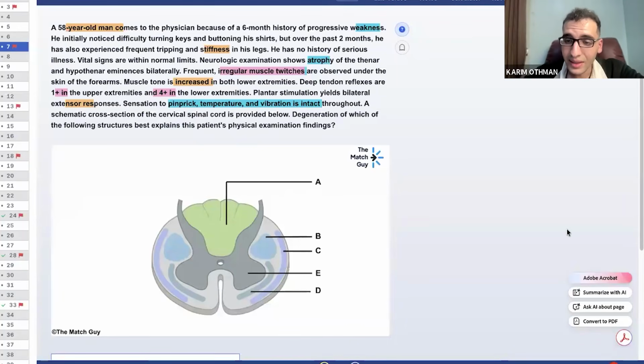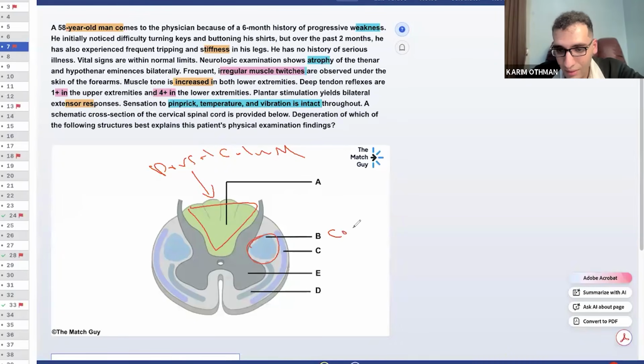Okay, Yasser, Yad, amazing. So we know first, let's draw it here. This is the dorsal column, right, guys? And we know that this is the corticospinal.